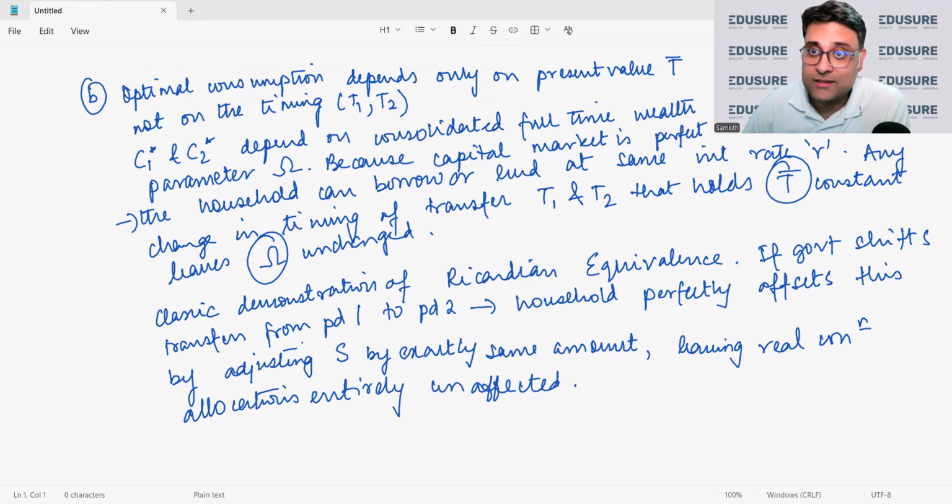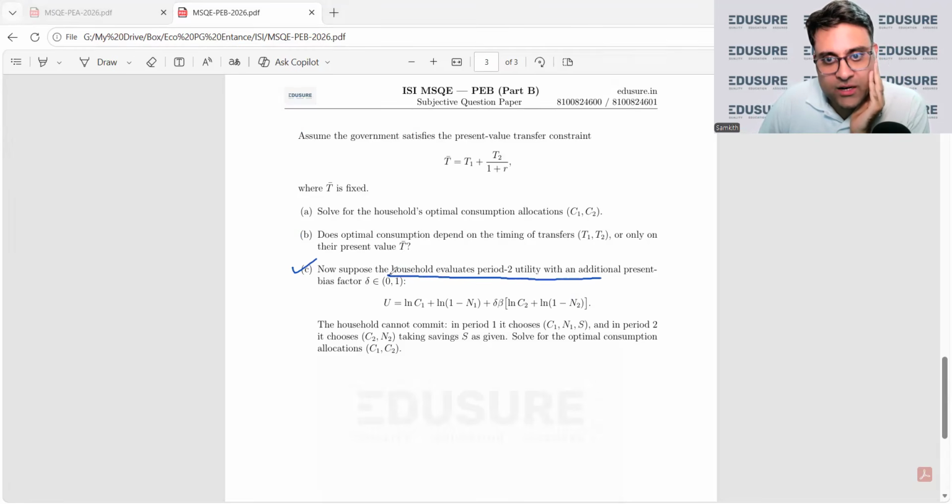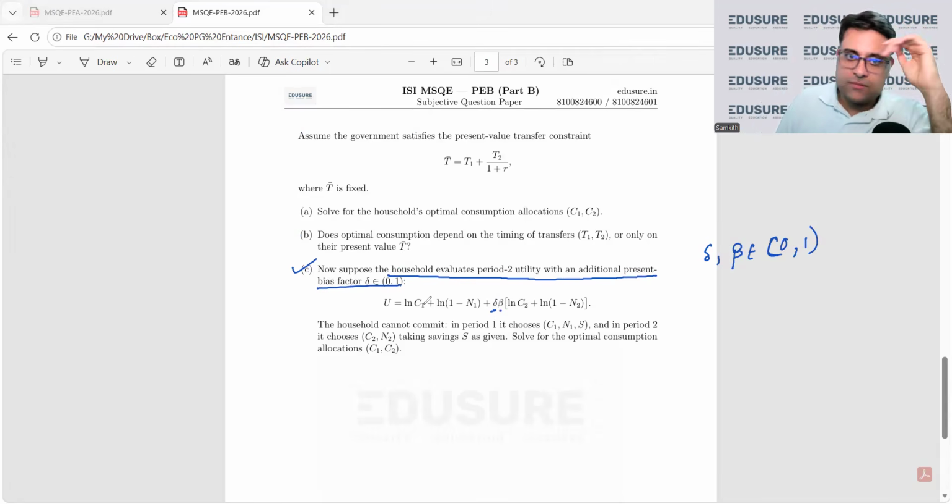Now let's move on to part C. Part C is interesting. Now, suppose the household evaluates period 2 utility with an additional present bias delta. So earlier there was only beta, now a delta into beta has come. Beta, I already know, is between 0 and 1, and delta is also lying between 0 and 1.